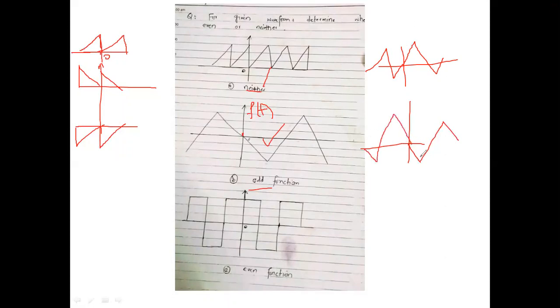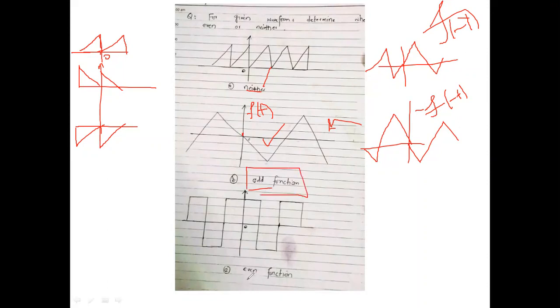So this is equal to this. This is f of minus t. This was the test for an even function, which failed. Now multiplying this f of minus t by minus is the test for odd, which passed. We can say that it is an odd function.